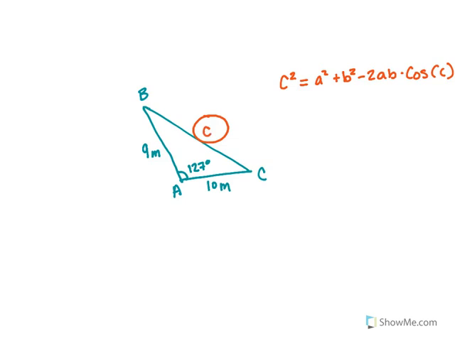So this is going to be c. So we're going to say c squared equals the first side, which is 9 squared, plus the second side, which is not b squared, it's 10 squared, minus 2 times the first side times the second side, times the cosine of the angle we're given.